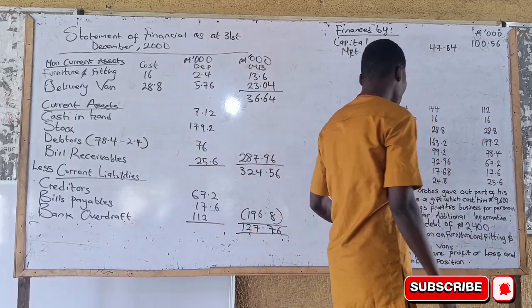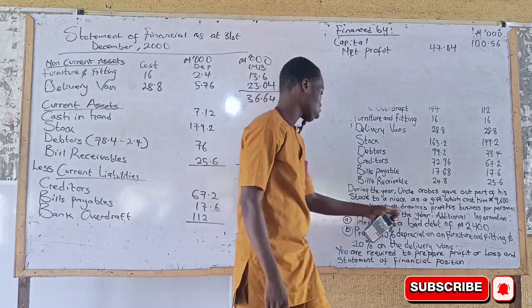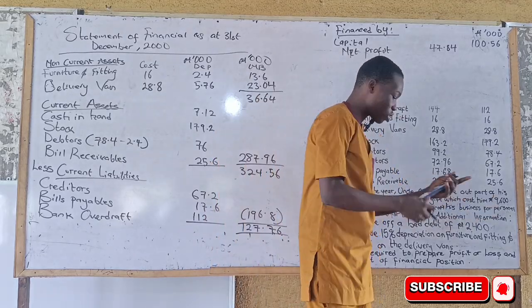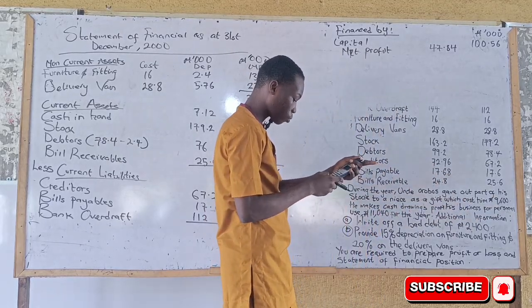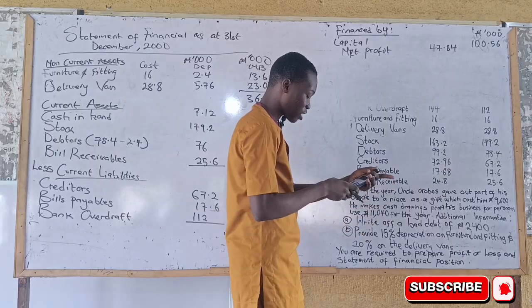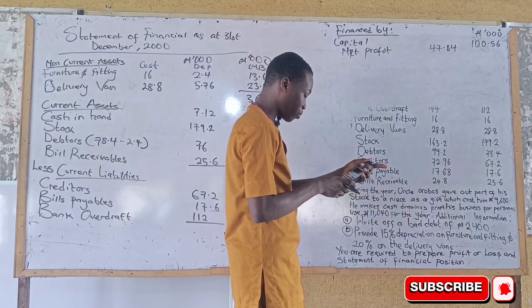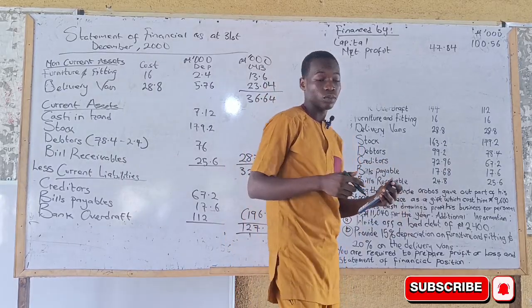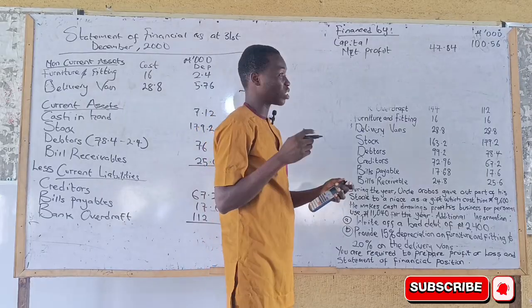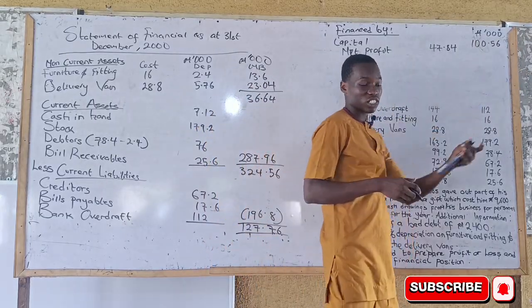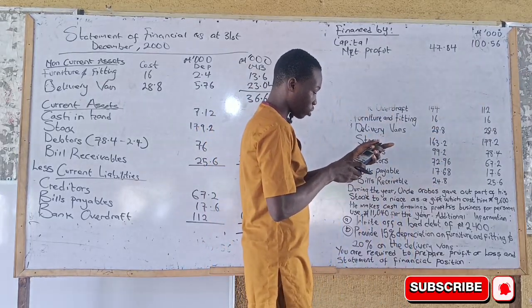And don't forget, we had drawings. The drawings, which is 9,600, and the other one, that is 11,040. So when you add up the two, you are going to divide it by 1,000 because we are writing it in terms of this. Divide by 1,000.